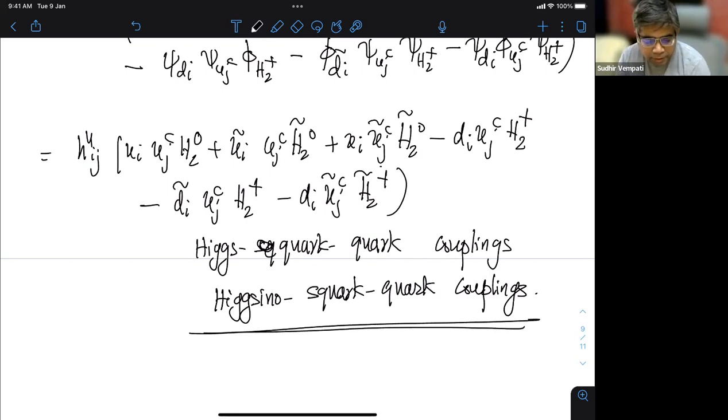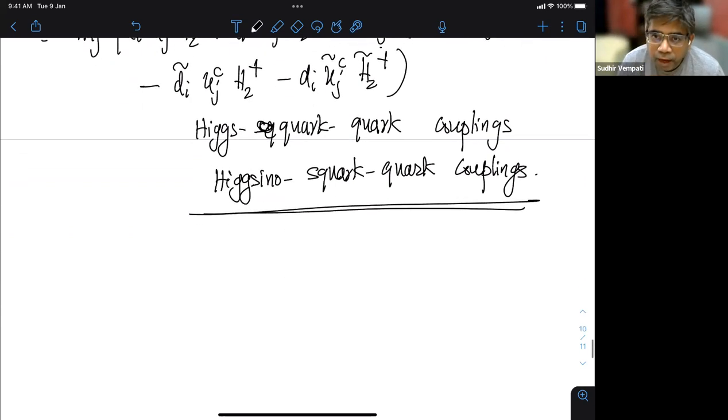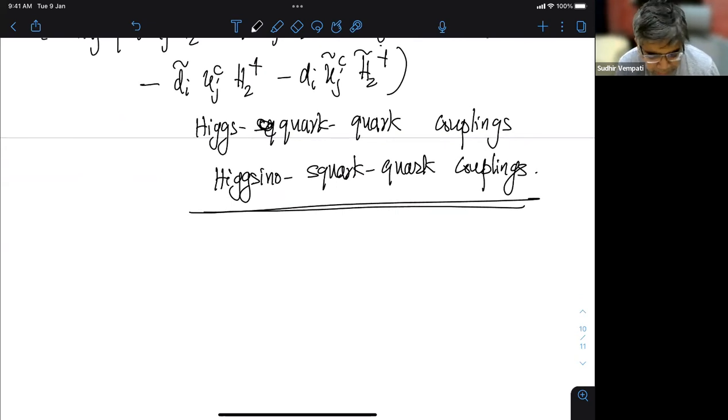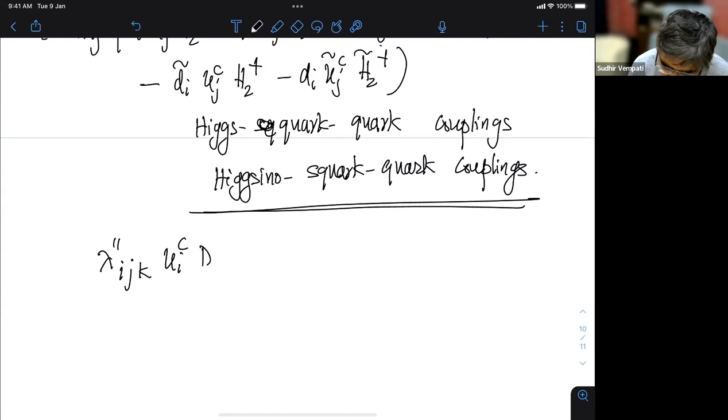Okay, so in the same fashion, if I have R parity violation, if I have R parity violating terms, let's just take say a term like lambda double prime_ijk U_i^c D_j^c D_k^c.